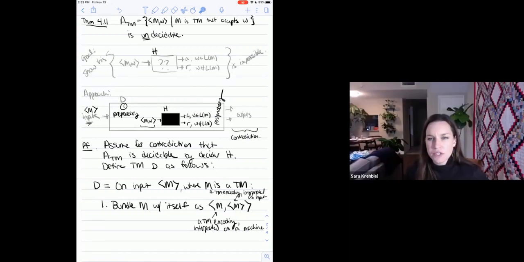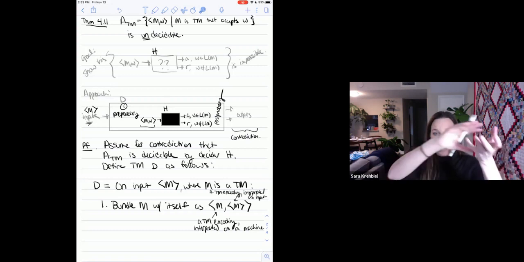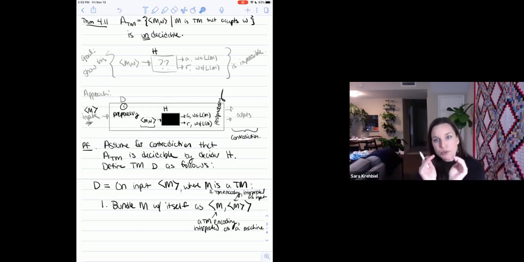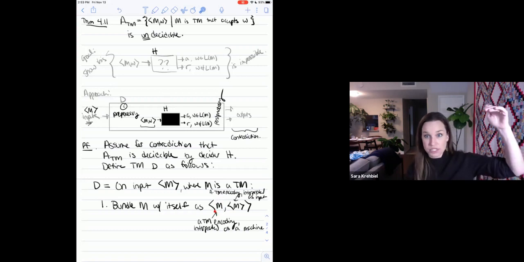You could think of encoding as a way to take some object with structure and turn it into a binary string, so that if you cast that binary string as a Turing machine, then it could be interpreted as a Turing machine. So the idea is, this is a binary string that can be cast back to Turing machine structure, whereas this is a binary string that could be cast but won't be.